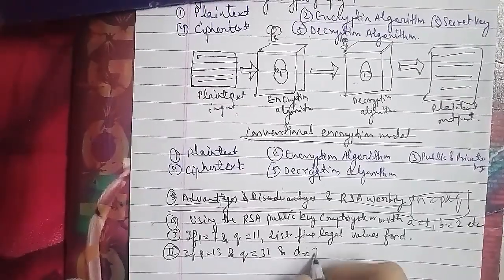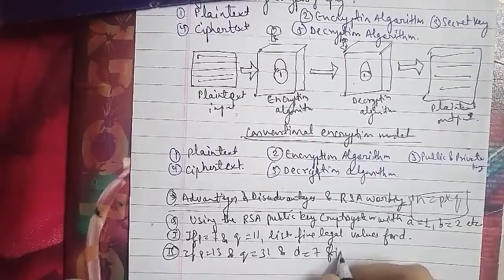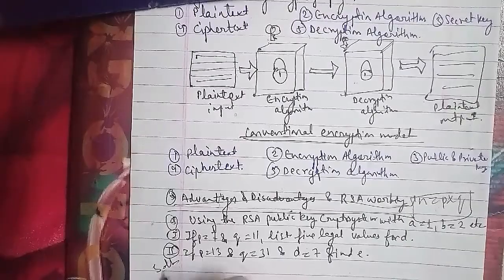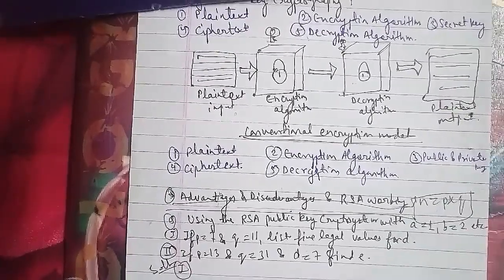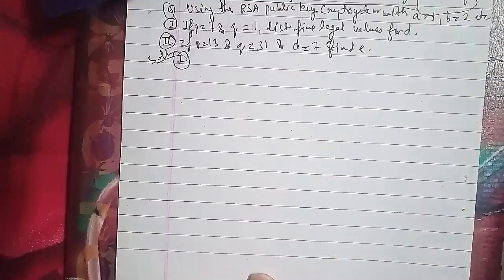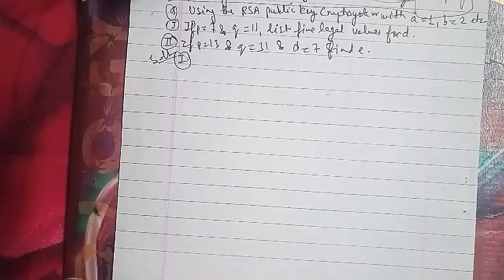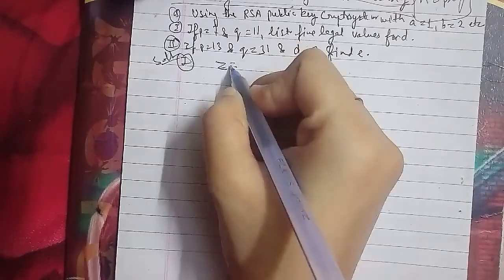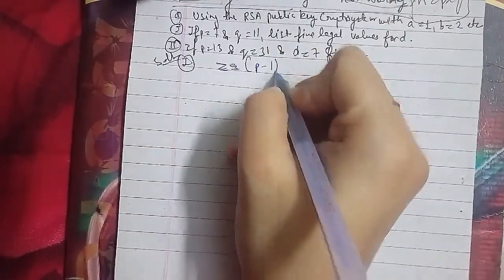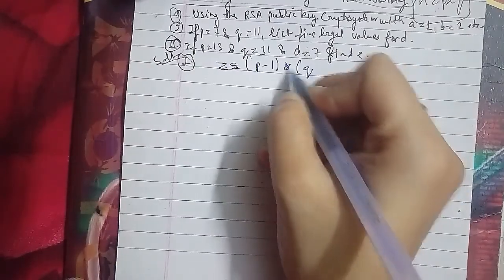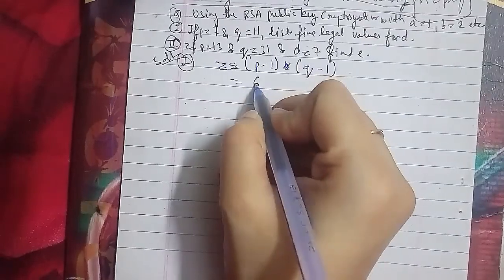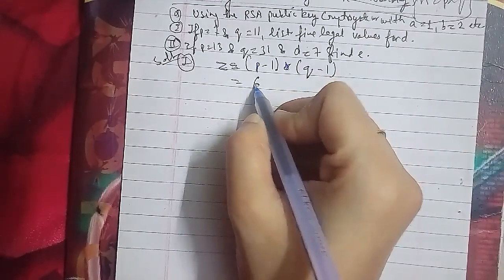For the first one, we have z equals p minus 1 multiplied by q minus 1. So p minus 1 is 6 and q minus 1 is 10.